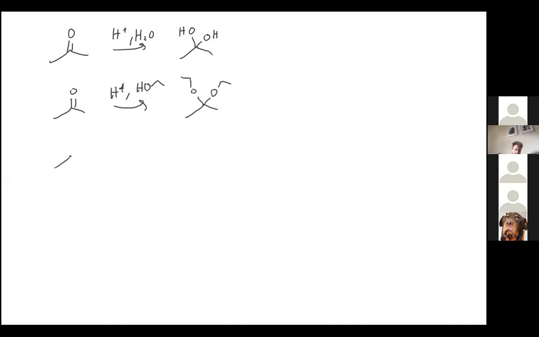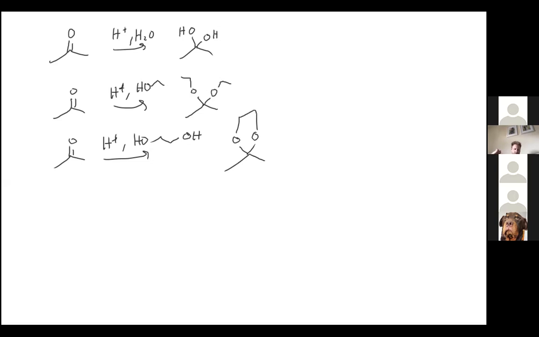When we have a diol, let's do a smaller ring this one. So there's only 2 carbons in between now, to give it this structure.